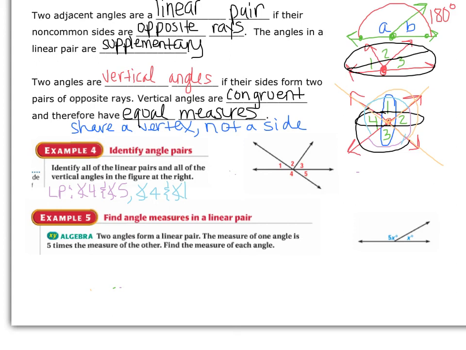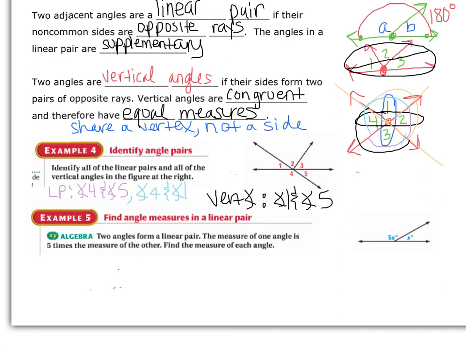Yes, there is. All right, there's angle 5. So vertical angles are angle 1 and angle 5.